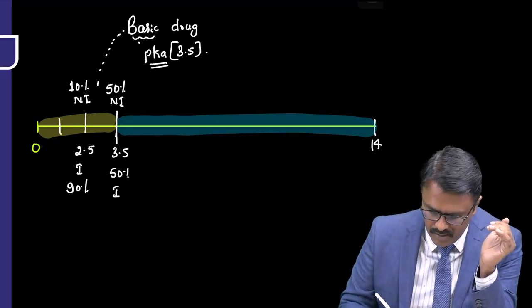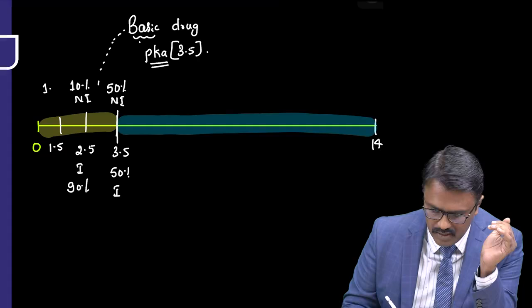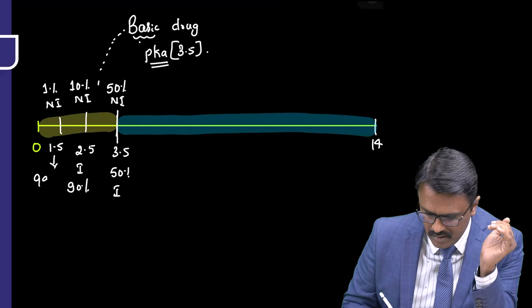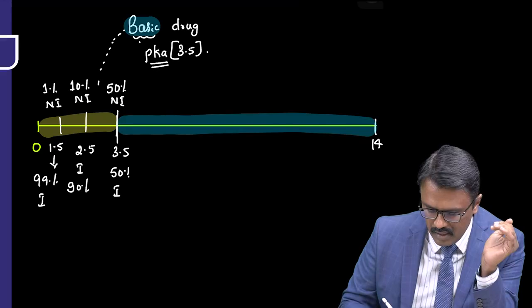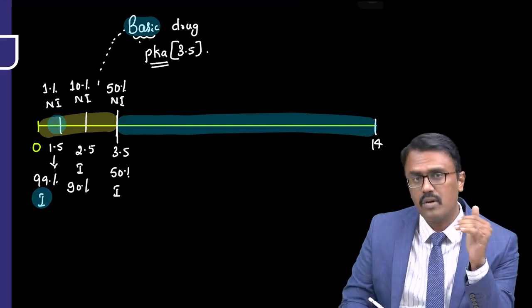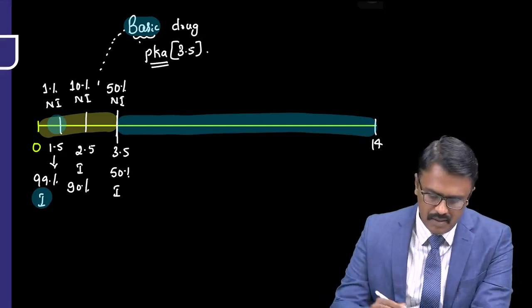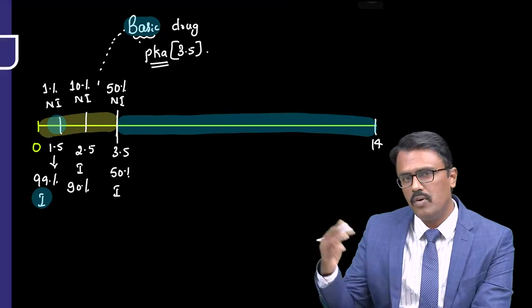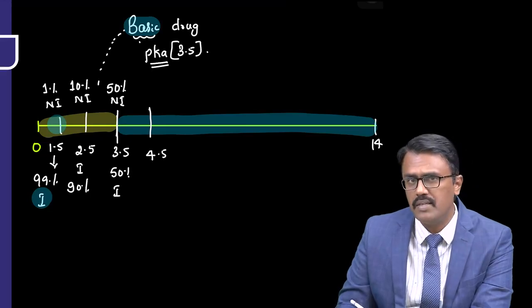If you place it in another pH of 1.5, now the drug is 1% non-ionized, but 99% ionized. So that's the meaning: if you place a basic drug in an acidic environment, it is more ionized, that is, water soluble. But if I shift the drug above 3.5, to the value of 4.5, here the environment is basic for the drug.